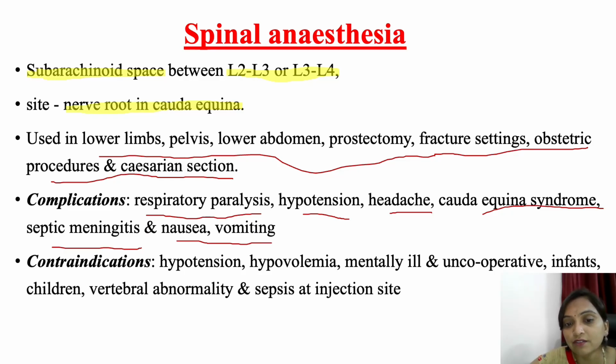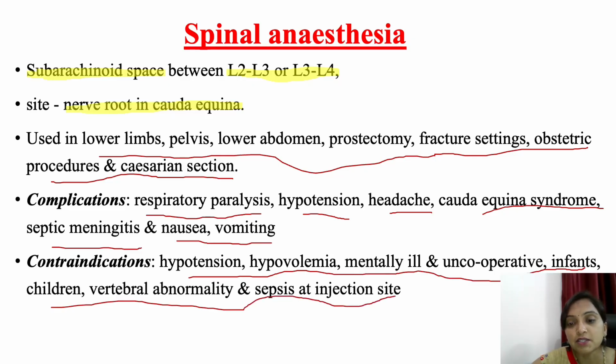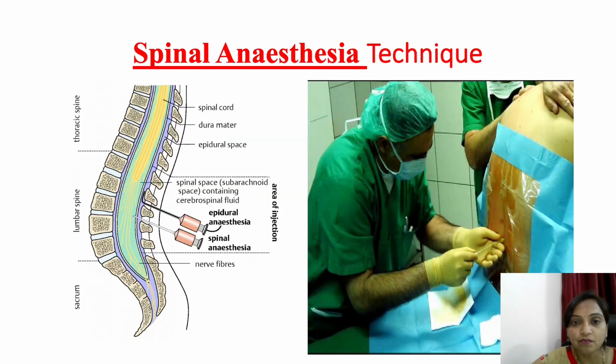Post-operative, intraoperative, anywhere you can see vomiting. Spinal anesthesia is contraindicated in case of hypotension, hypovolemia, mentally ill, uncooperative patients, children, infants, vertebral abnormalities and sepsis at the site of injection. So these are the contraindications for spinal anesthesia.